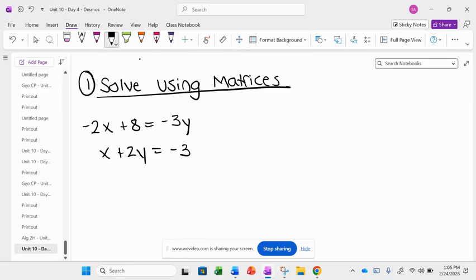So now when we're solving using matrices, just like when we solve using determinants, we want to put it in that elimination format where the variables are on one side, constants are on the other side. So I'm going to keep the negative 2x. I'm going to move the 3y over and move the 8 over. So I'll have negative 2x plus 3y equals negative 8. And then the bottom equation is set up perfectly for us. x plus 2y equals negative 3.